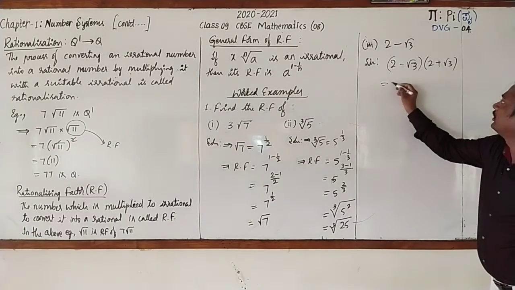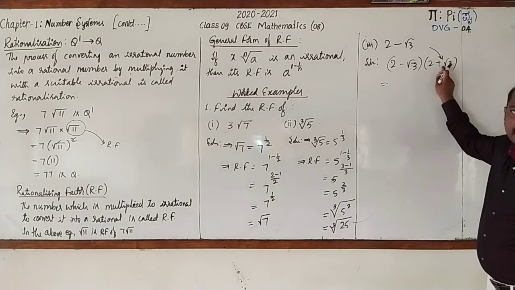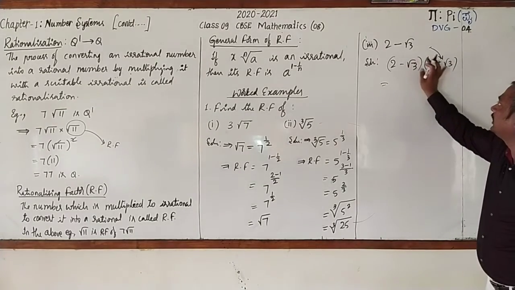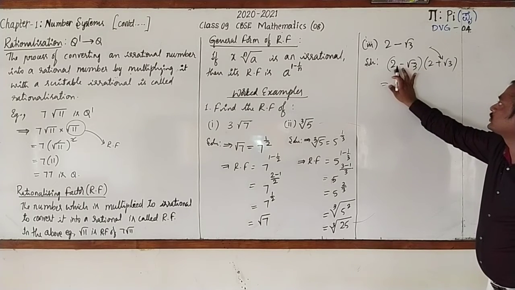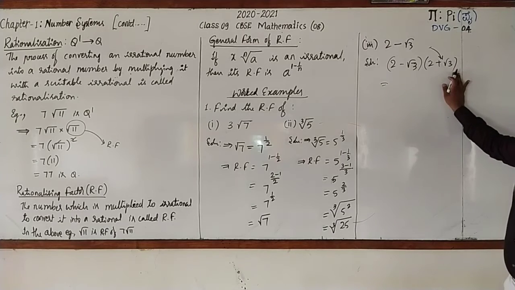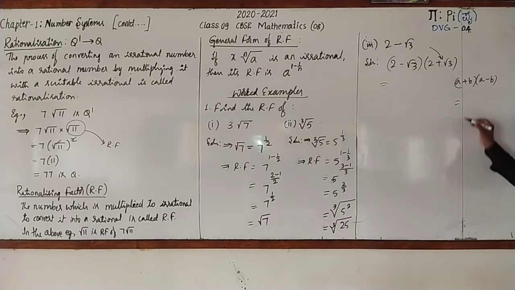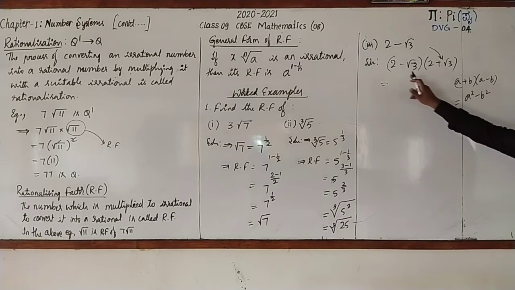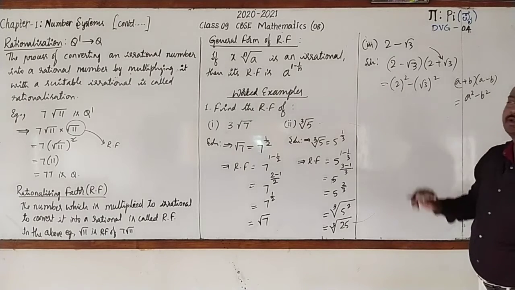See that? 2 minus root 3. See, this is the conjugate or rationalizing factor. I am multiplying this with the given irrational. It is 2 minus root 3 into 2 plus root 3. In which form? It is a plus b into a minus b. What it is? A square minus b square. Now, 2 whole square minus root 3 whole square.